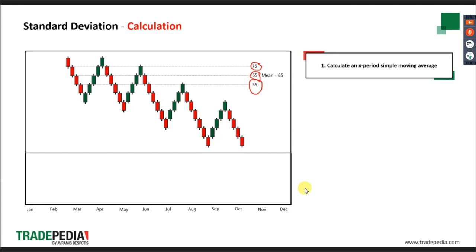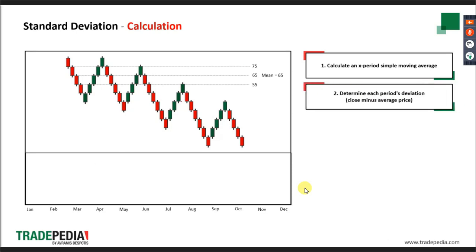The second step is to determine each period's deviation from this average. So if this is the average, how much difference is this and this? Our first close is 75, minus the 65, we will get positive 10.